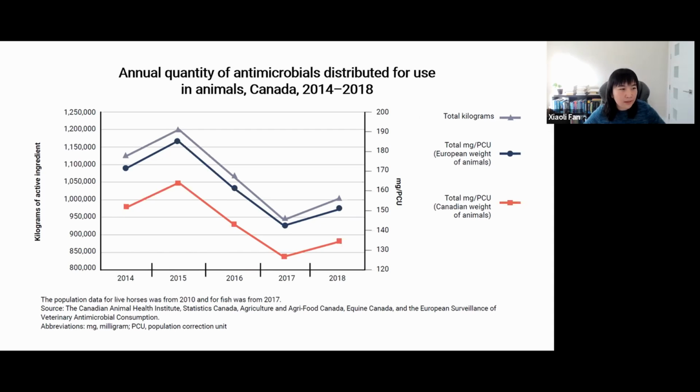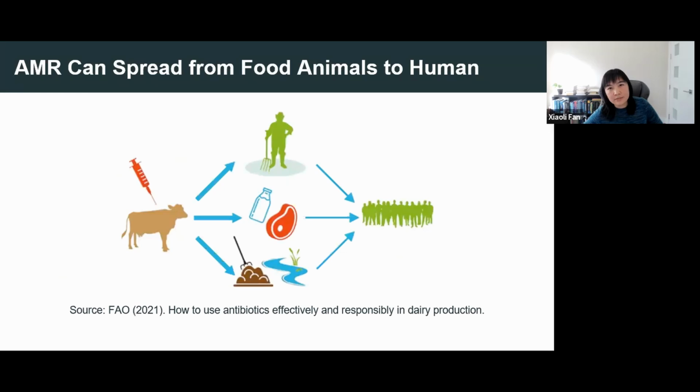So this data here are reported by farmers, so it's only a rough representation of the actual antimicrobial use. And again, once the government releases the 2019 and 2020 data, I think we will have much more information.